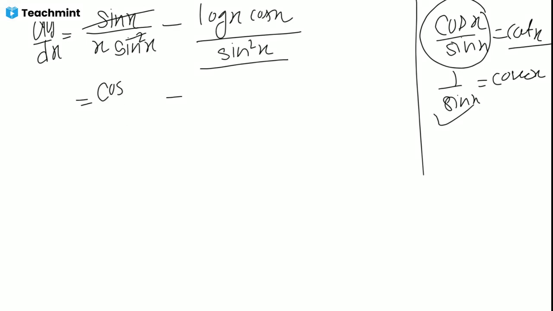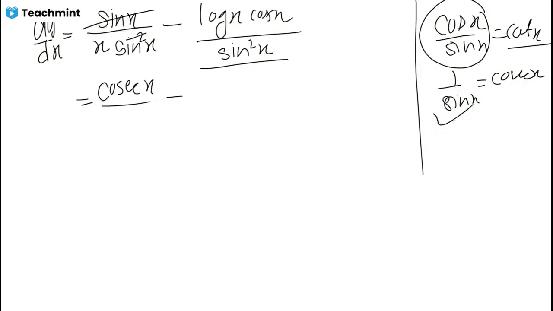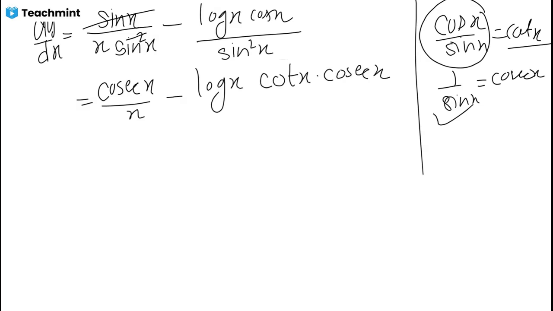So cosec x over x, and we can use here also log x into cot x into cosec x. So this is the required answer. This is the maximum simplified term, means the answer we have.